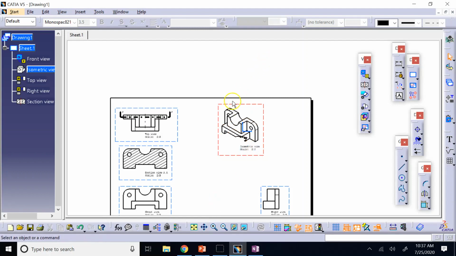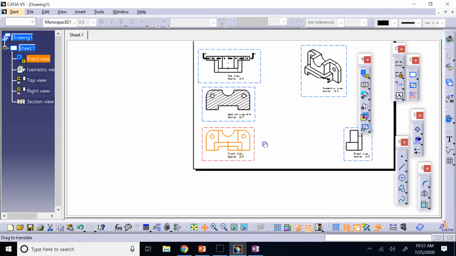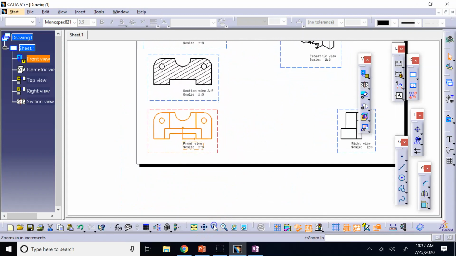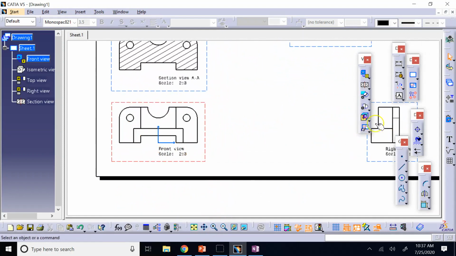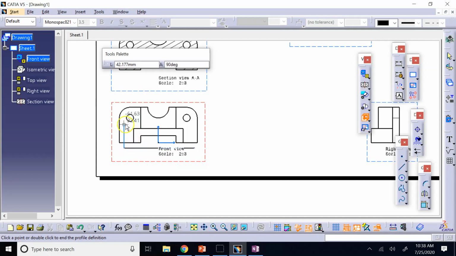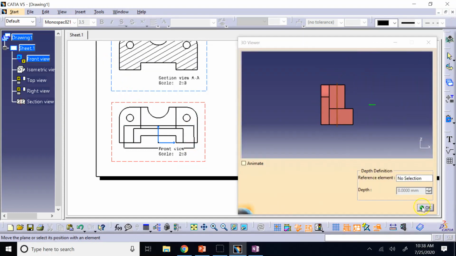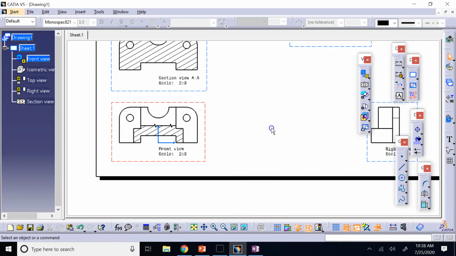Now, actually, let me try doing it on one of the 2D views as well. See if we can make it cut a 2D view. So if I go ahead here and cut this 2D view, what would happen? Well, apparently it does. There we go.